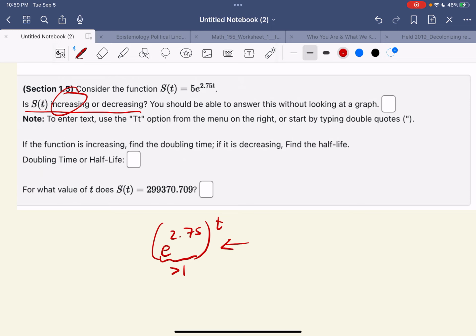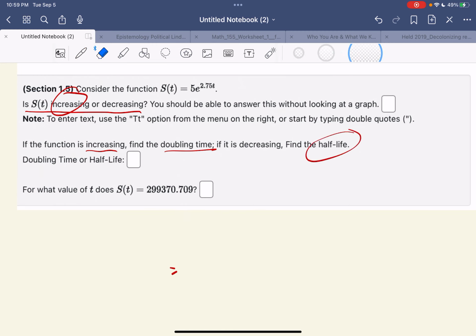All right, so great. The function is increasing. Find the doubling time. And then we should probably also talk about half-life, so I'll talk about both of those. Doubling time. So here's the thing. When time equals 0, the initial time, you plug that in.